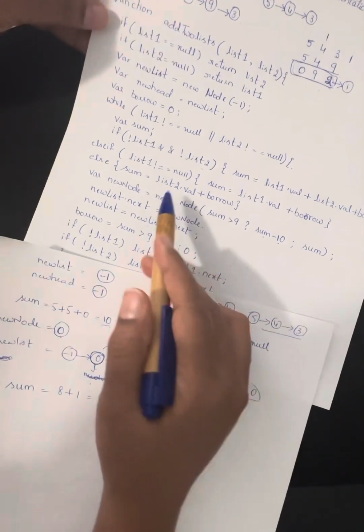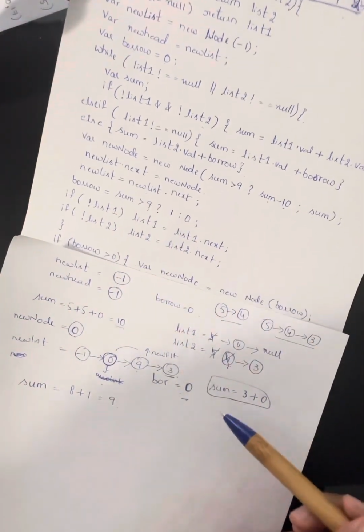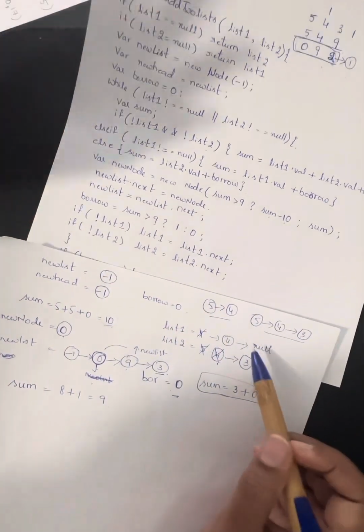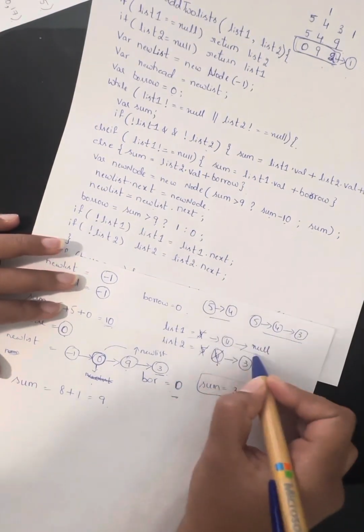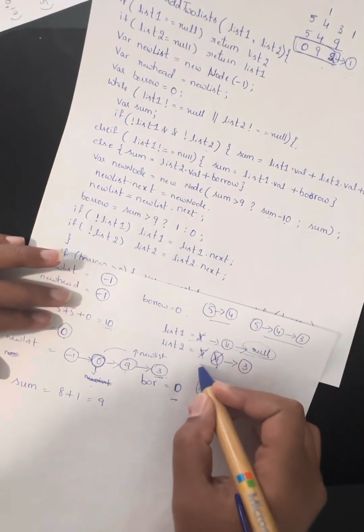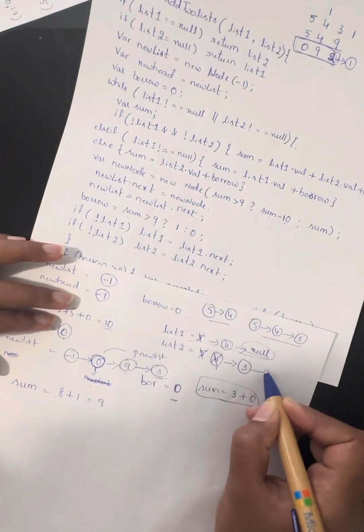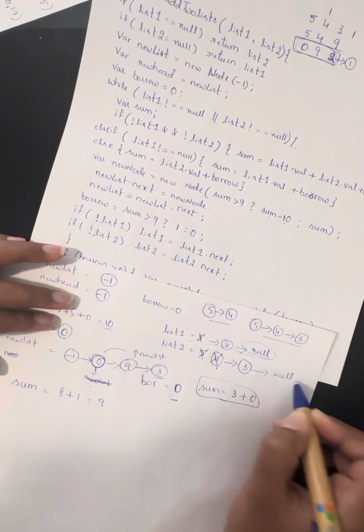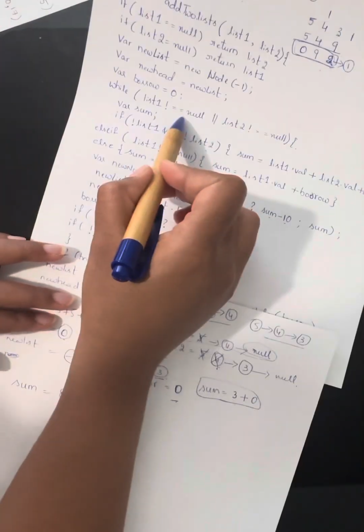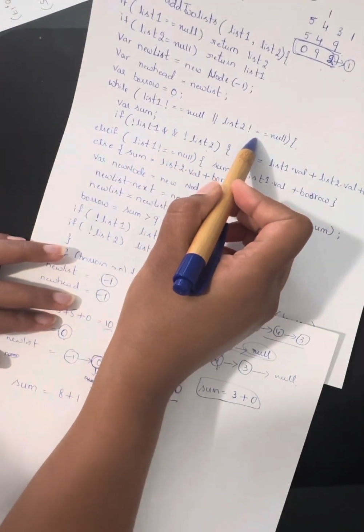And now the while loop ends here, because list 1 is already null, and if we make list 2 equal to list 2 dot next, it becomes null, and both the conditions in this while loop fail.